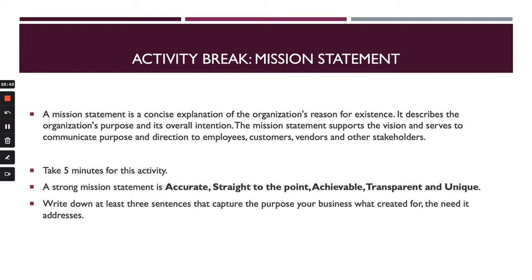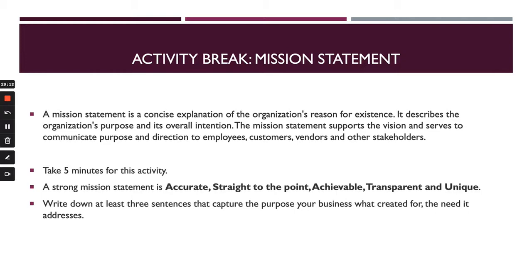A strong mission statement is accurate. You're not supposed to overhype yourself or mention things that you know are not within your power to do. It is accurate. It is straight to the point. It is achievable. As much as it's important to dream as an entrepreneur, as a business owner, it's also important to make sure that whatever goal you have in mind is something that you can achieve.